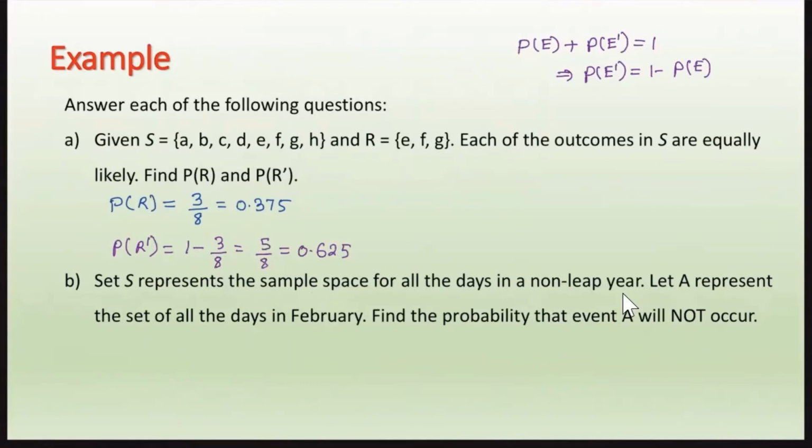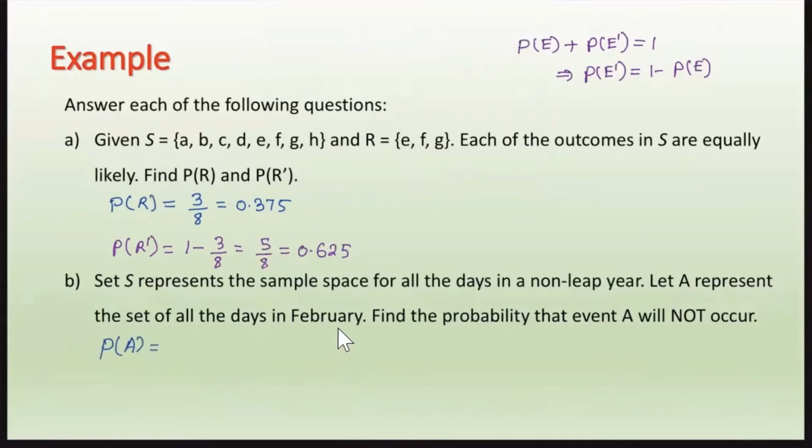So your sample space S contains 365 elements. Now the event is, let A represent the set of all days in February. So in a non-leap year, how many days are there in February? 28.